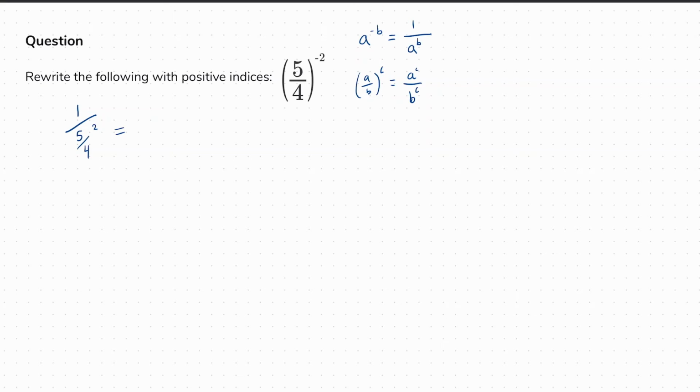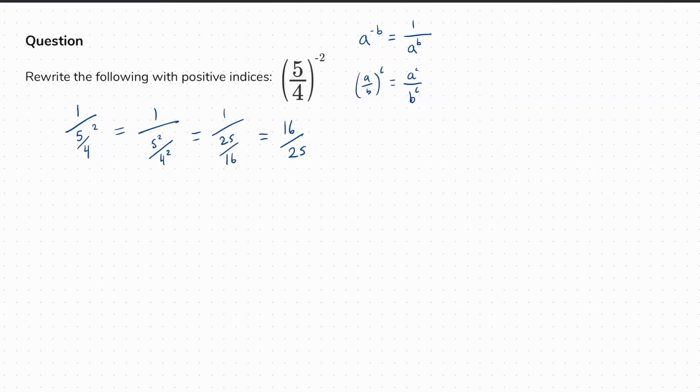Right, so that means 1 over 5 squared over 4 squared, which is 1 over 25 over 16. Now, because I'm familiar with fractions and dividing by fractions, I know that this is going to equal 16 over 25. Right, we flip that bottom fraction.